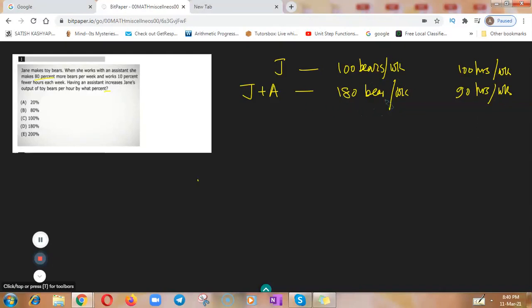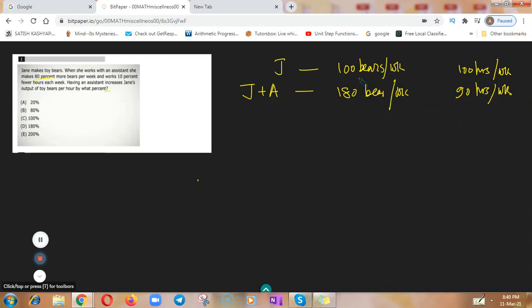This is the benefit of the assumption that I have made. You don't have to make too many calculations. You get these figures. Now it says having an assistant increases Jane's output of toy beer per hour by what percent? So we will have to find out what is the total number of beers she will make if she works 100 hours. Then only we can compare.